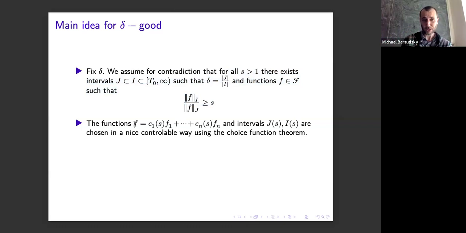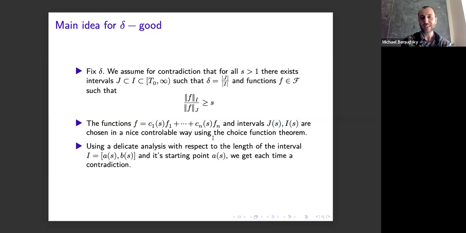The function is in a finite dimensional vector space, so the coefficients will be functions depending on S, which you can control very nicely, and the interval endpoints will also be controlled in a nice way. Then there is some delicate analysis where we break the counterexamples into different cases, and each time, using this control, we get a contradiction.